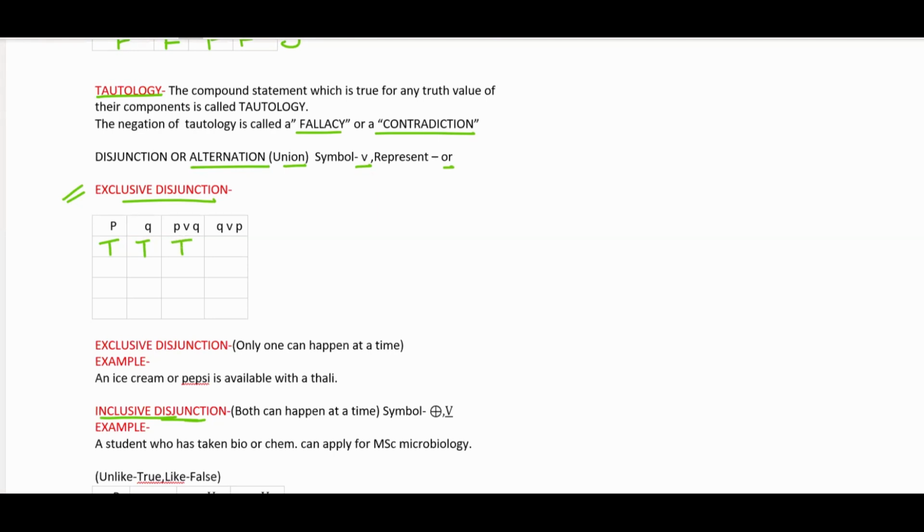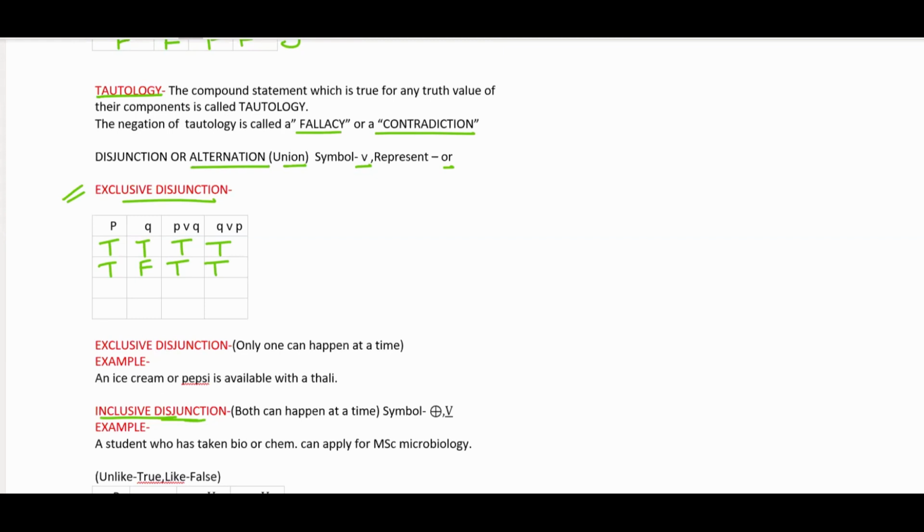Commutative, that means interchanged, q union p, that is t union t is again t. If the truth value of p is t and the truth value of q is f, then true union f is true, f union true is again true. If one of the statements is true, your ultimate answer will be true.